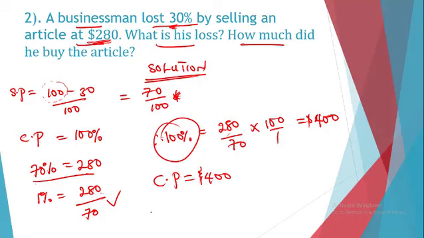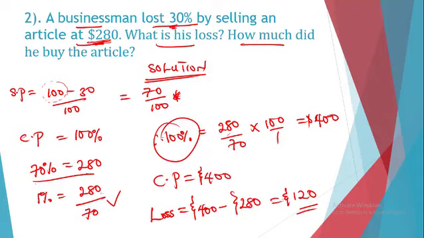Then his loss is equal to 400 minus 280 from the question, and that will give us 120 US dollars. So his loss is 120 US dollars.